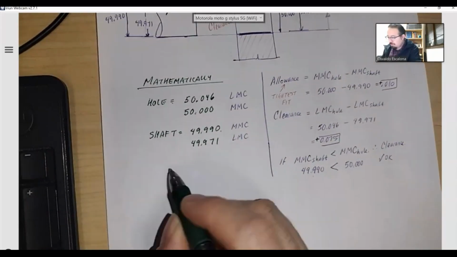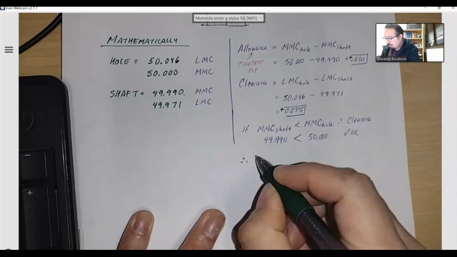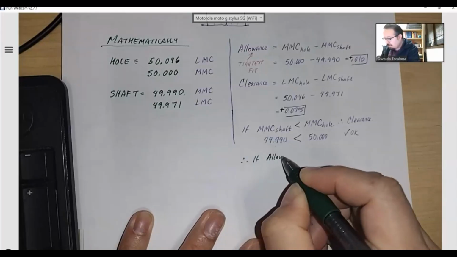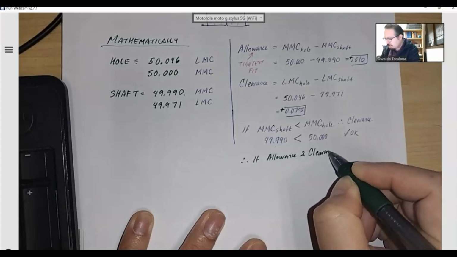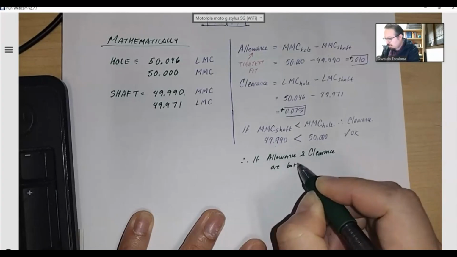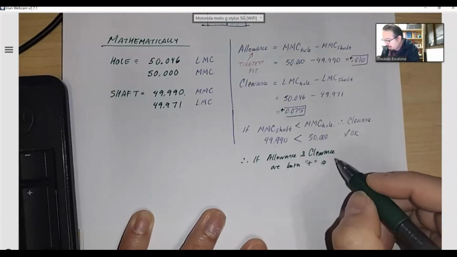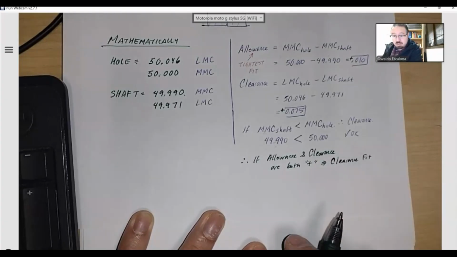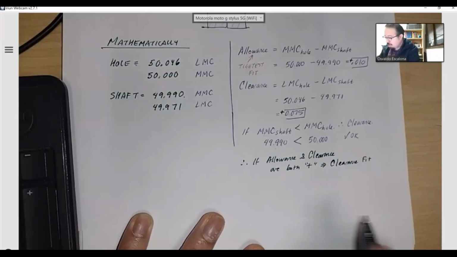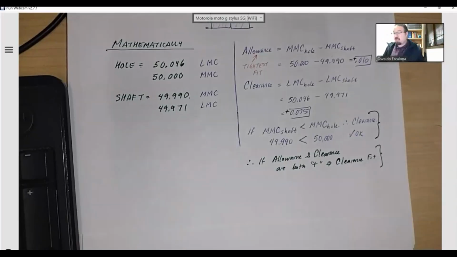So also you can find your fit by having this statement: if the allowance and the clearance are both positive, you automatically will have a clearance fit. It's another statement that you can do. The same way that you were able to define it this way, you can also define it this way, just by looking at the signs.